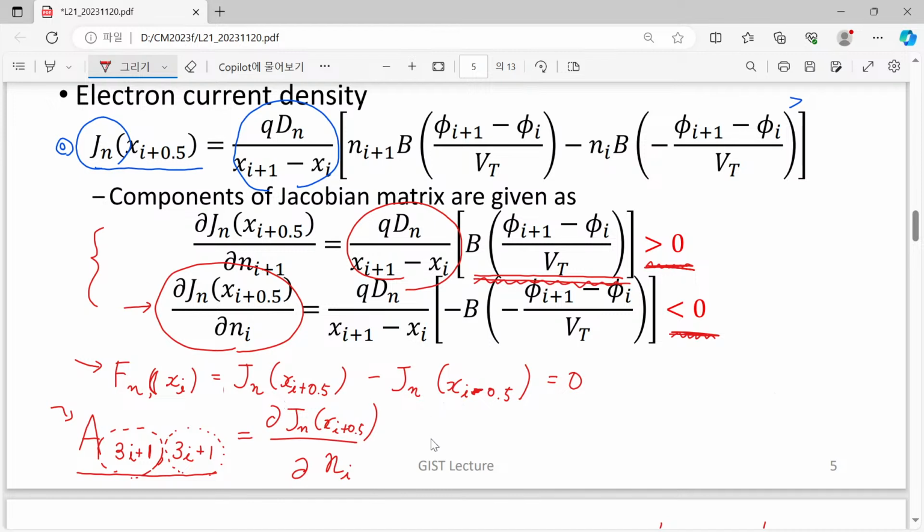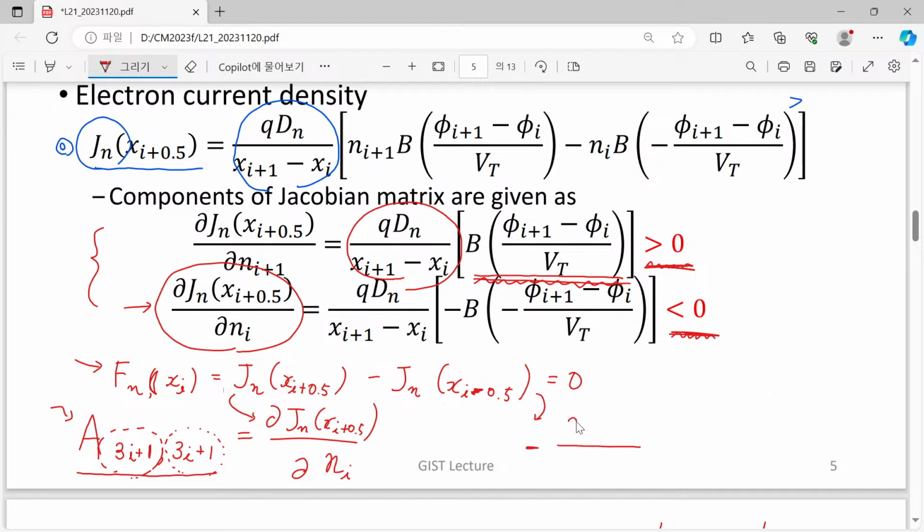Round Jn x sub I plus half with respect to n sub I. But that's not all for this flux term. Of course, we have made something for this j sub n. However, we have another one. So how can you implement it?